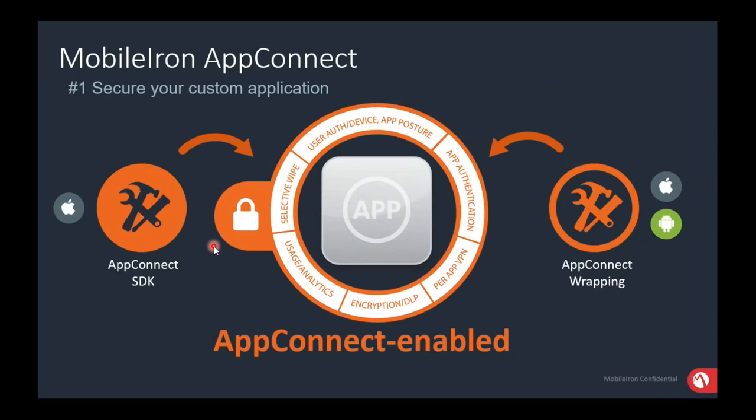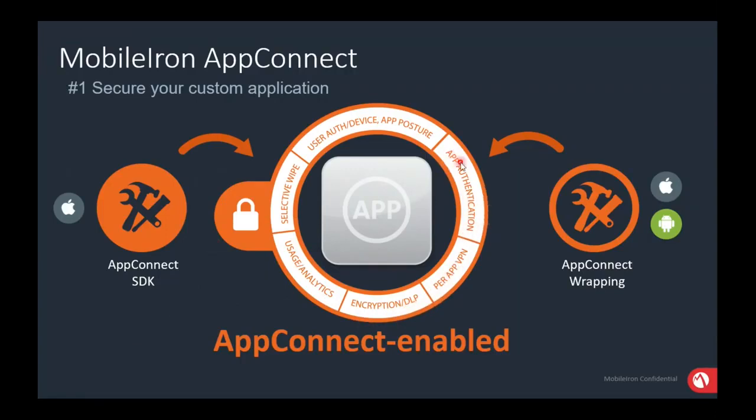If you have an in-house application, you can also make that application App Connect enabled. MobileIron has this wrapping SDK, so you can wrap your application and make it App Connect enabled. Once it is enabled, you can have device encryption, DLP, per app VPN, and app authentication.